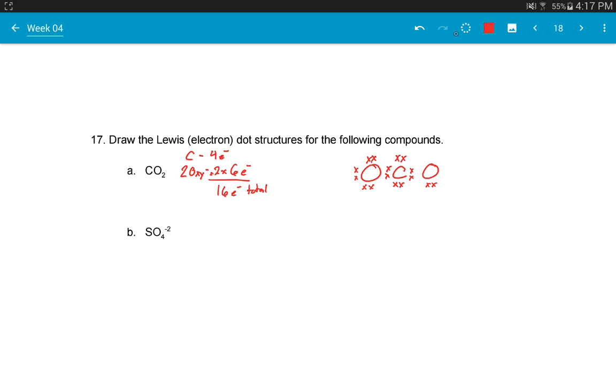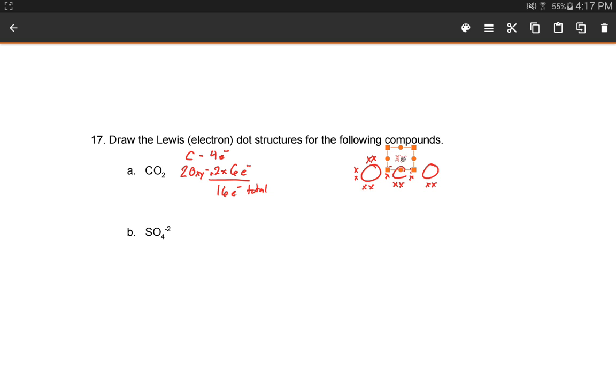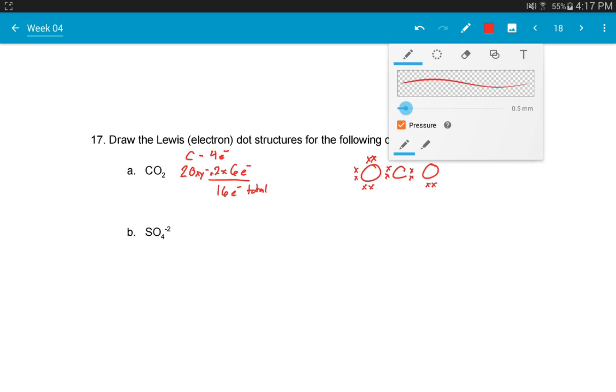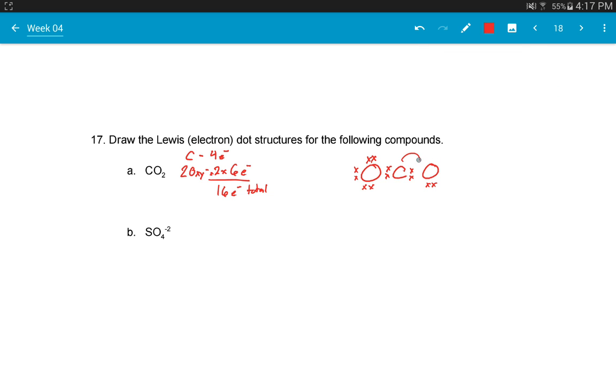and instead of leaving these electrons up there or those electrons down there, I can move them in between.